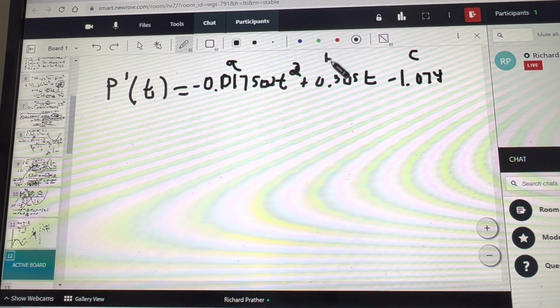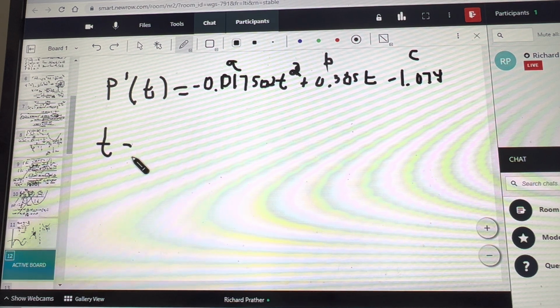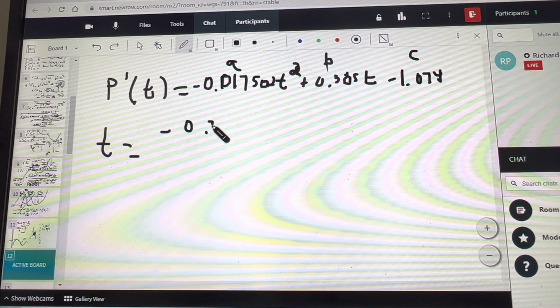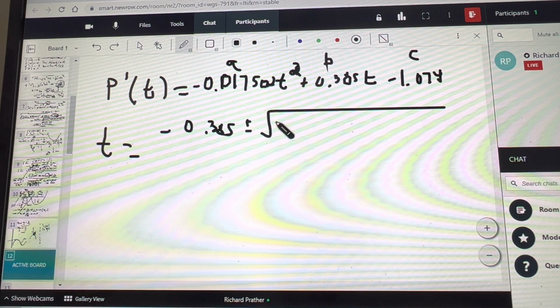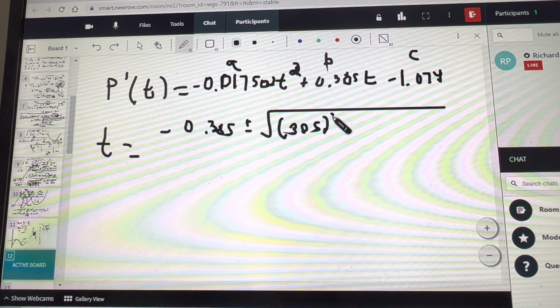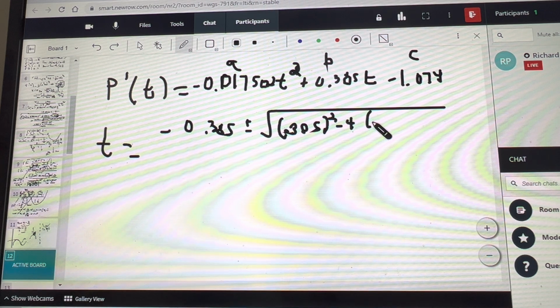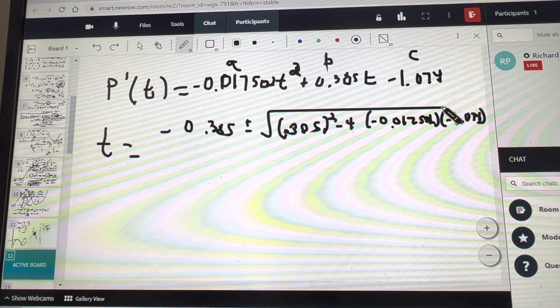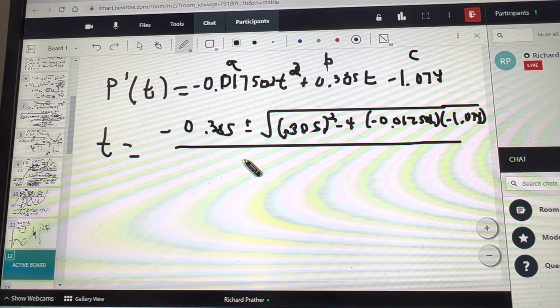That's C. So t equals the opposite of B, plus and minus the square root of B squared minus 4 times A times C, all over 2 times A.